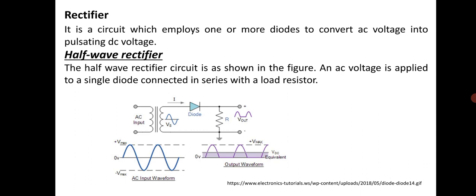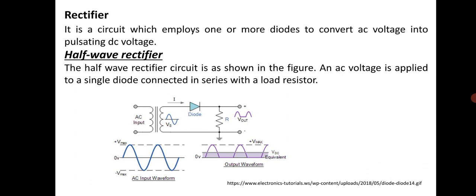Again, during the next positive half cycle, the upper end of the secondary becomes positive and the lower end of the secondary becomes negative. That's why the diode again becomes forward biased, and again the diode conducts the current, which flows through the load resistor, and at the output you will get the output voltage. So here you will get the positive half cycle again, and this continues for every cycle.